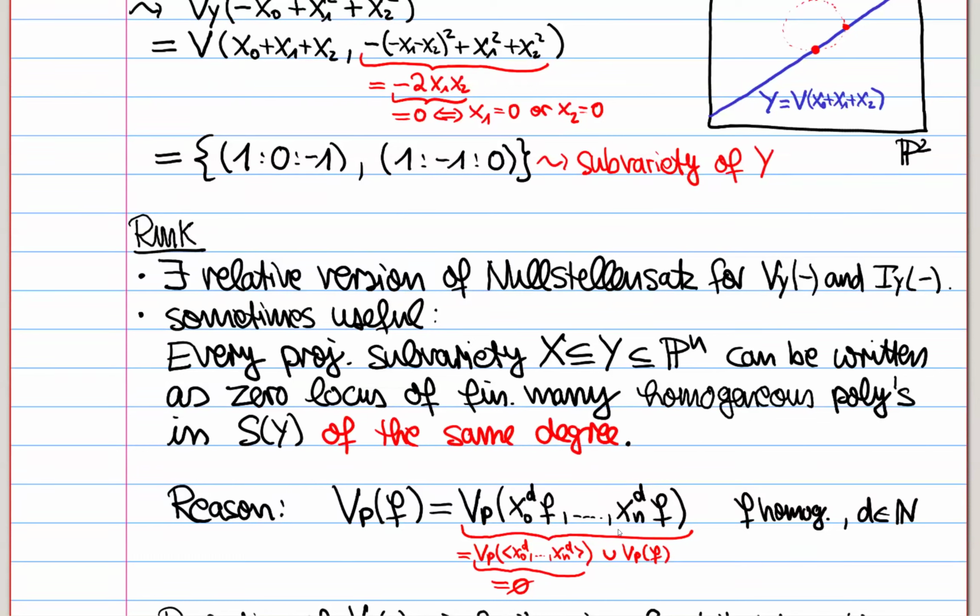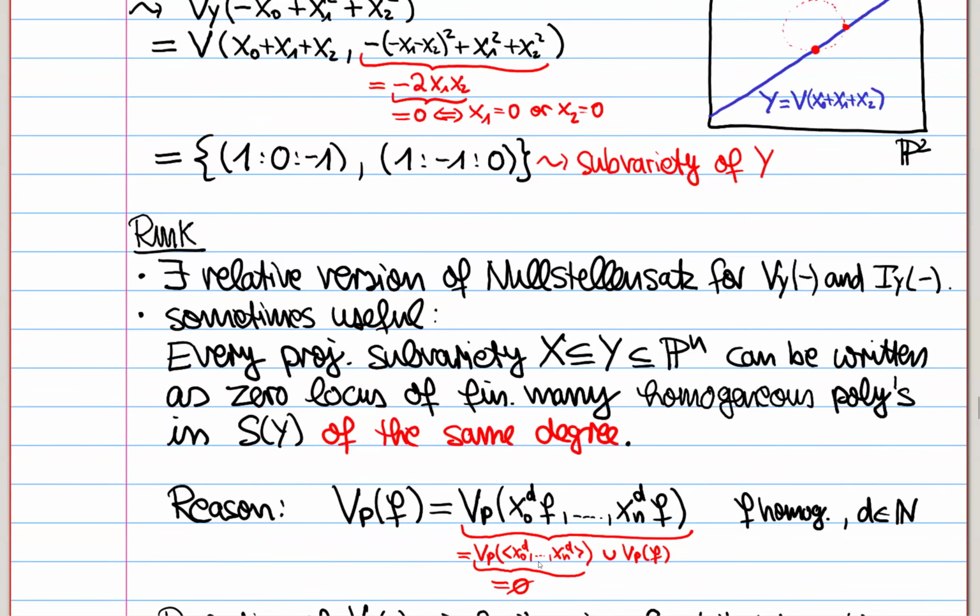Because now by the properties of this vanishing locus, the claim is that this is the same thing as this vanishing locus union the other one. We have seen the union of vanishing loci is the vanishing locus of the product of things. So this fits. So this explains this equality here.